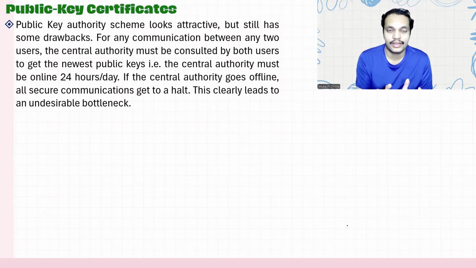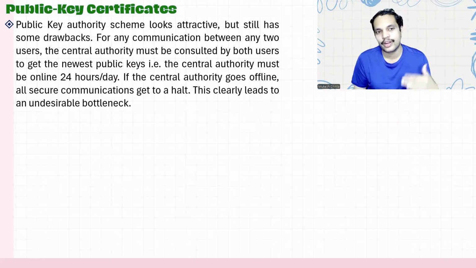So this is the public key authority, and of course it looks good on paper, it looks nice, it provides all the services that are intended, but it does have some drawbacks. For any communication between two users, the central authority must be consulted by both users to get the latest public keys. That means if A wants to communicate with B again after some time, it has to go through all these steps again.